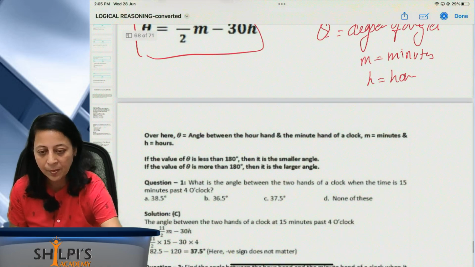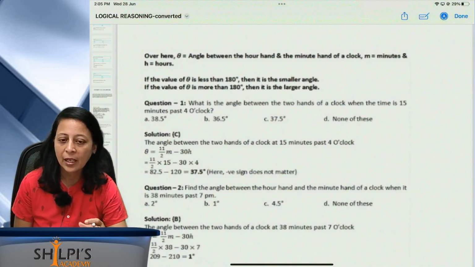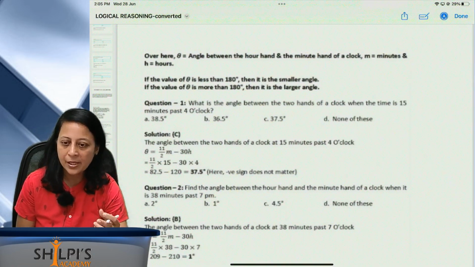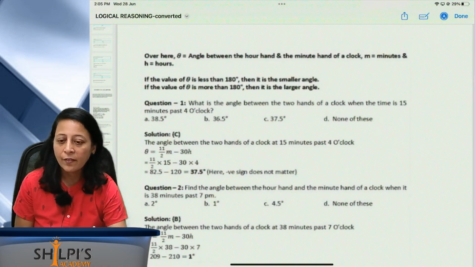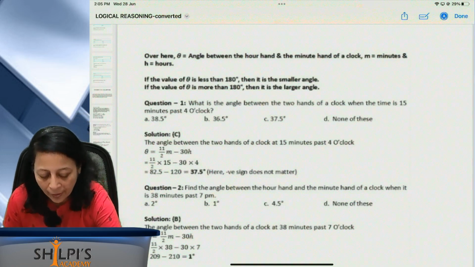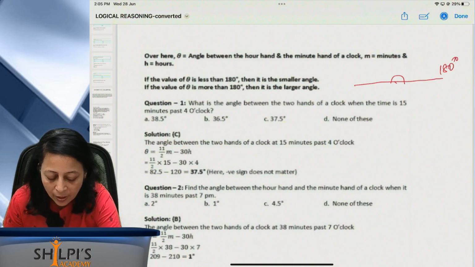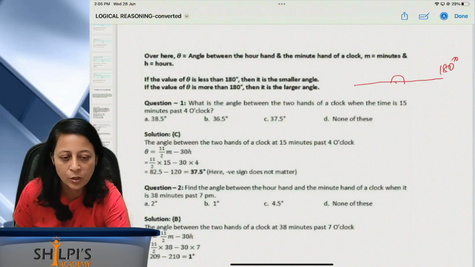Let us see some sums based on this. Okay, over here theta is equal to the angle between the hour hand and the minute hand, m is equal to minutes and h is equal to hour. If the value of theta is less than 180 degrees, then it is your smaller angle, because you all know that, right? When you are drawing an angle, this is your straight angle, which is 180 degrees. So the full angle, we saw that it is like a pi, so that is 360.